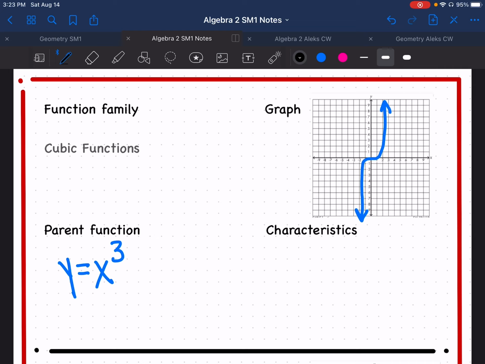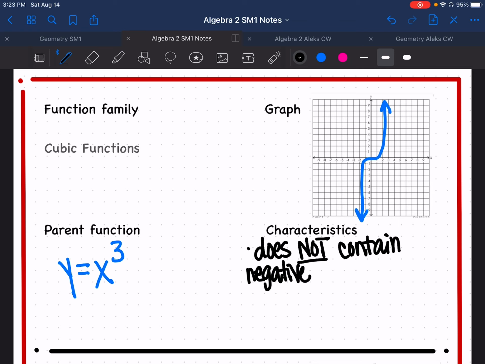Some characteristics of this graph. It does not contain negative or fractional exponents. There are other graphs that do.